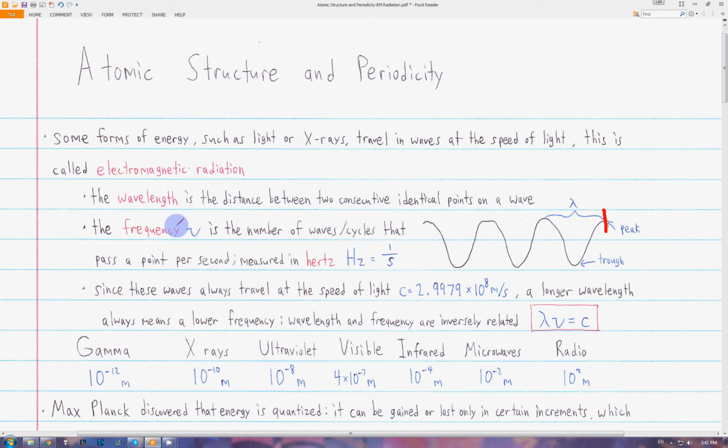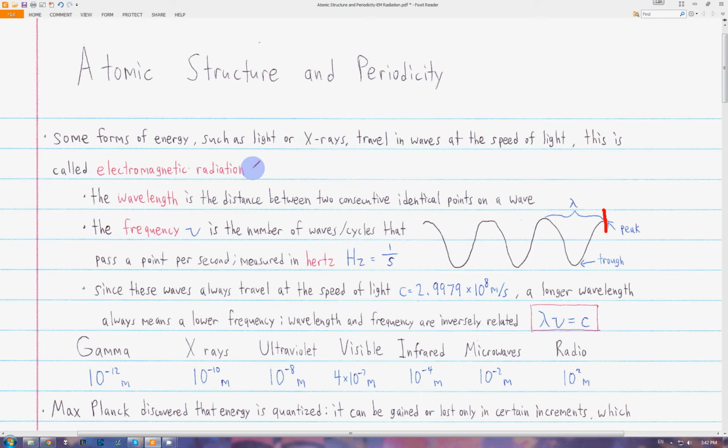And the symbol for frequency is this letter nu, which is not the same as the v in velocity. And the unit of frequency is hertz, which is just 1/seconds.